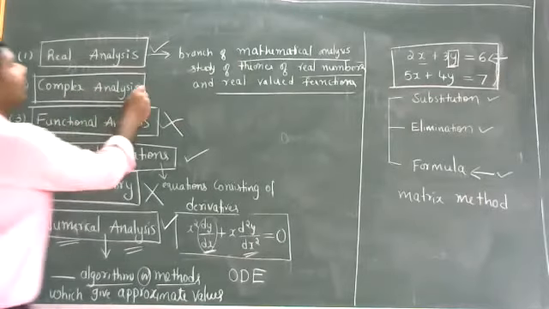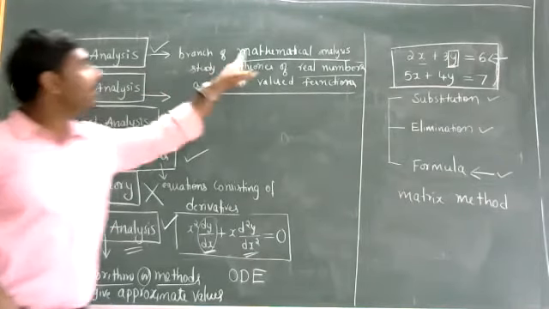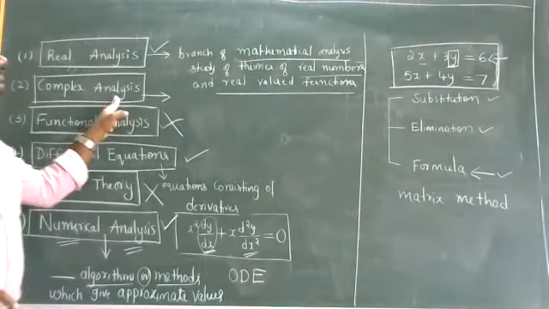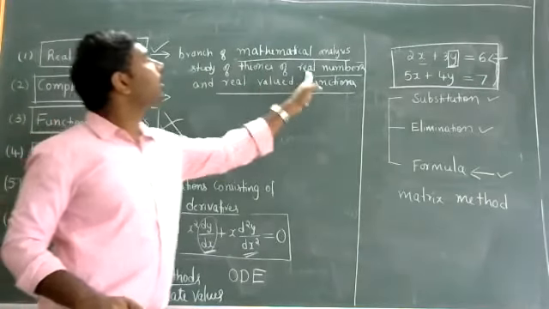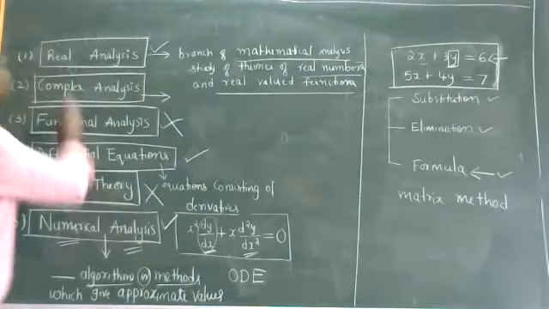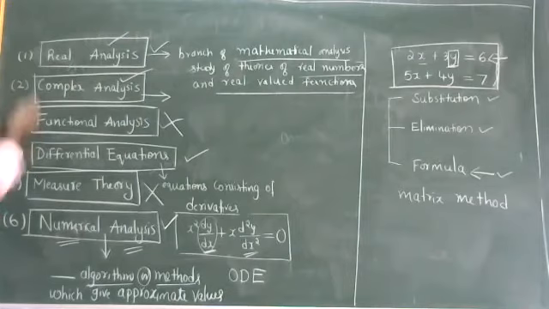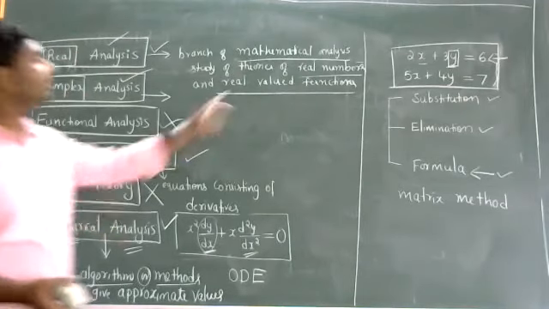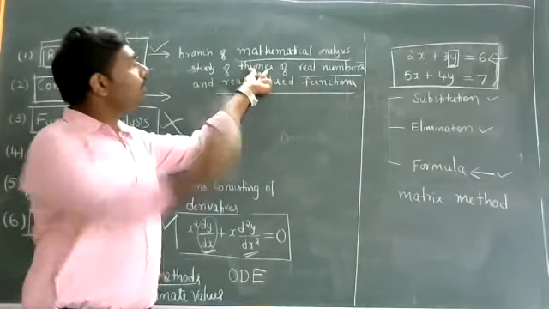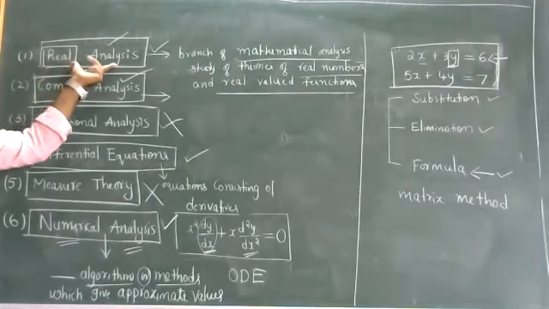Complex analysis is that branch of mathematical analysis which deals with the study of theories of complex numbers and complex valued functions. These two branches differ only by the domain. If you study theories of limits and its related theories based on the real numbers, that is called real analysis.